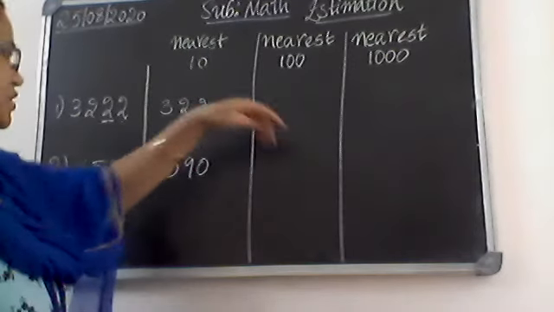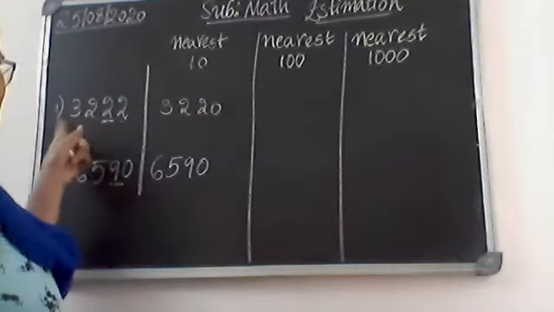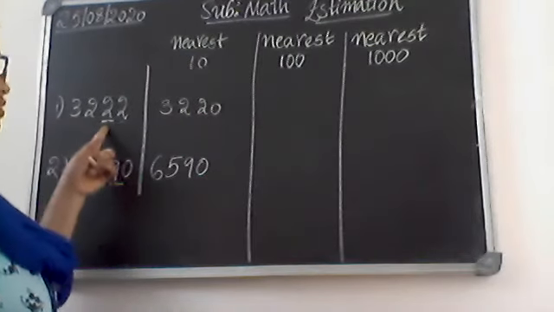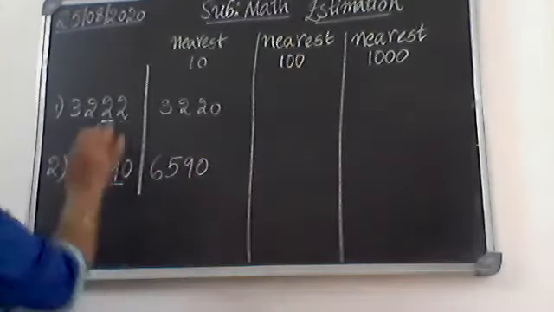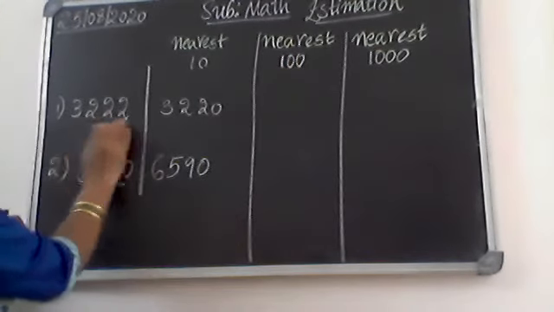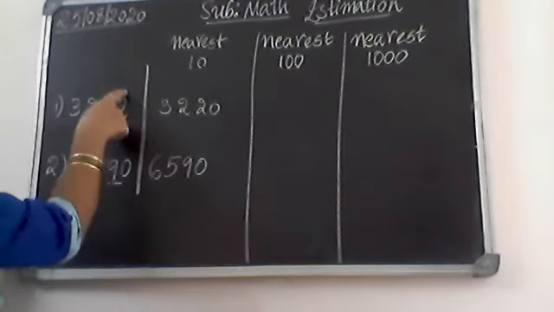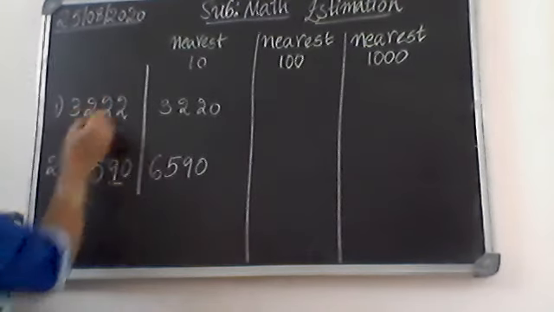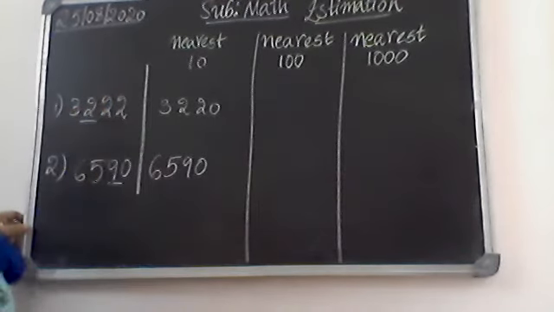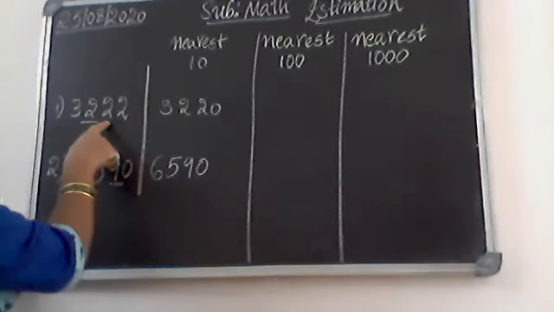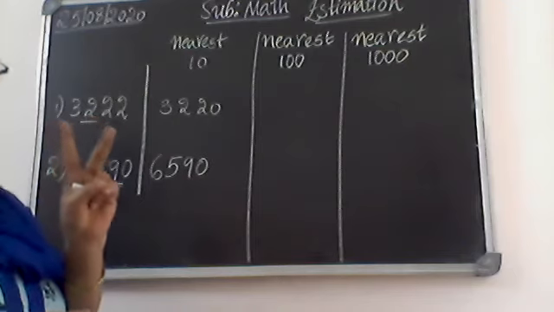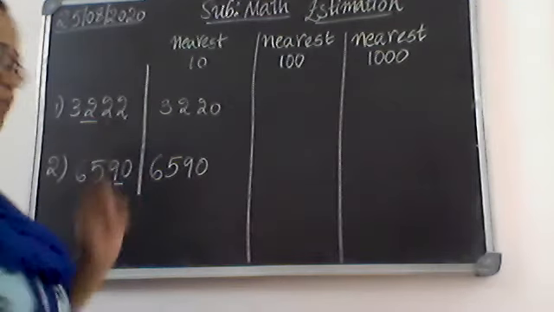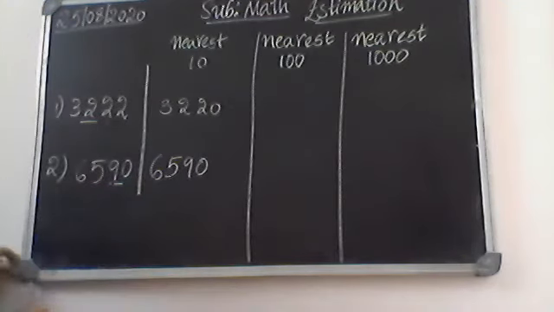Let me go to the next number. That is 3,222 rounded down to the nearest 100. What will happen? You remove this. Which is the 100 place here? Ones, tens, this is the 100 place. You underline it. What is the front of it? The number is 2. Is 2 nearer to 0 or 10? 2 is nearer to 0.